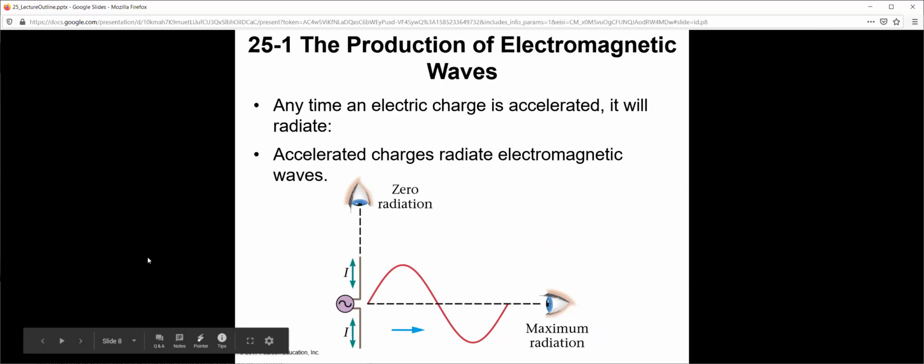At any time electric charge is accelerated, it radiates, and this accelerated charge radiates electromagnetic waves, right? So you move a charge back and forth. What happens? The energy leaves that moving charge, following right-hand rules, and we can see that effect via what we call radiation.